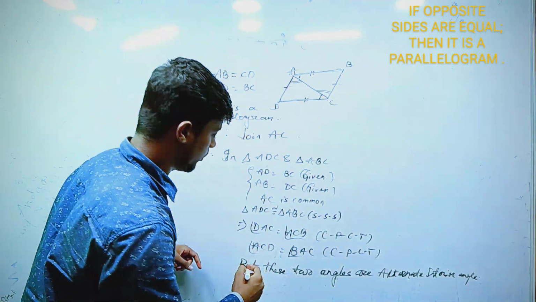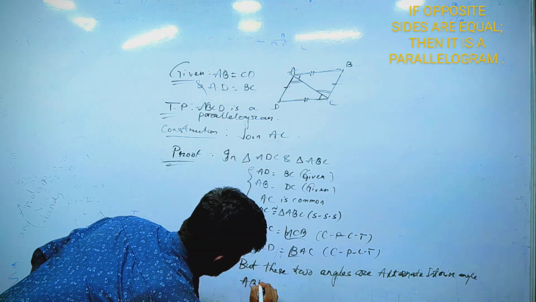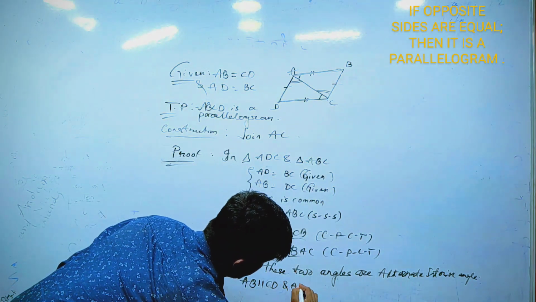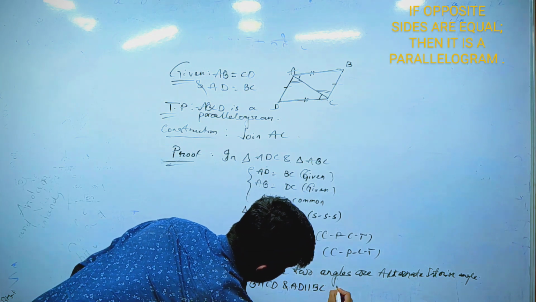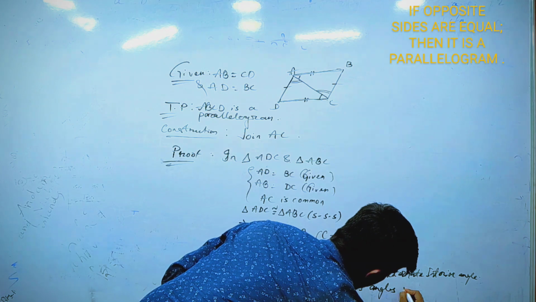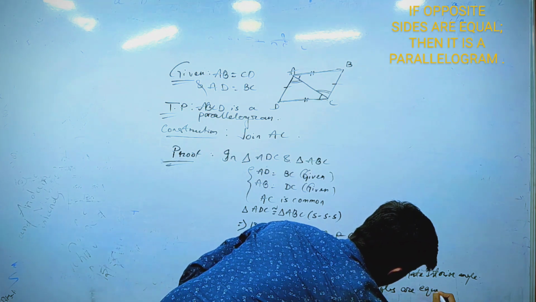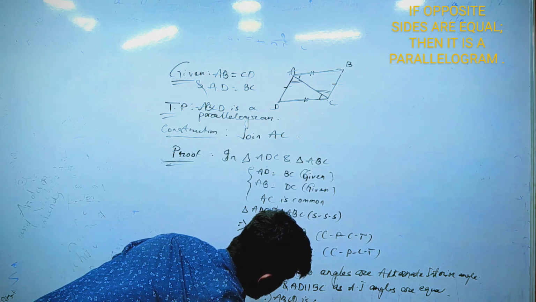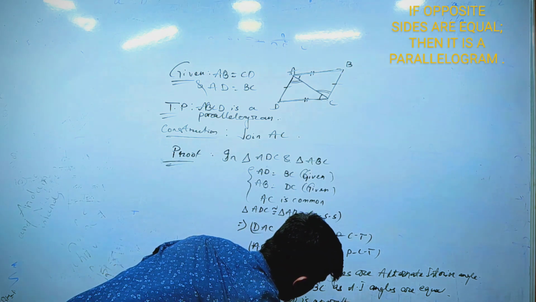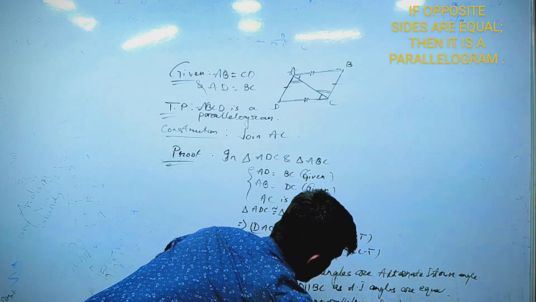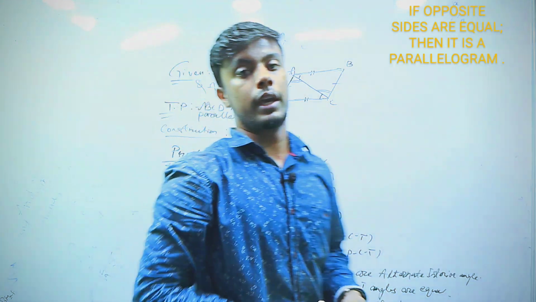So here we write AB parallel to CD and AD parallel to BC, as alternate interior angles are equal. That implies ABCD is a parallelogram. Hence it is proved.